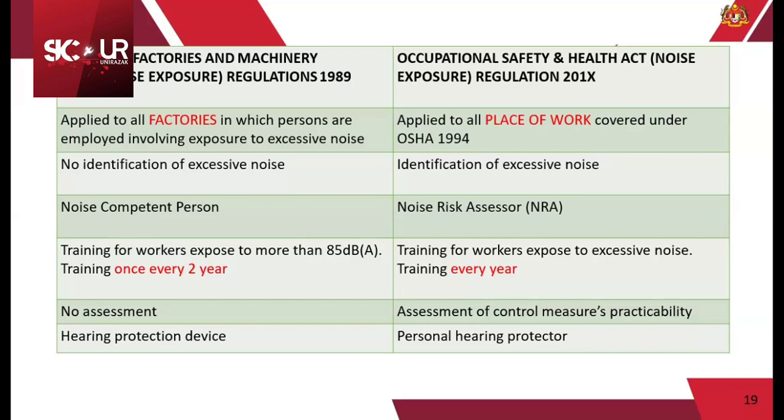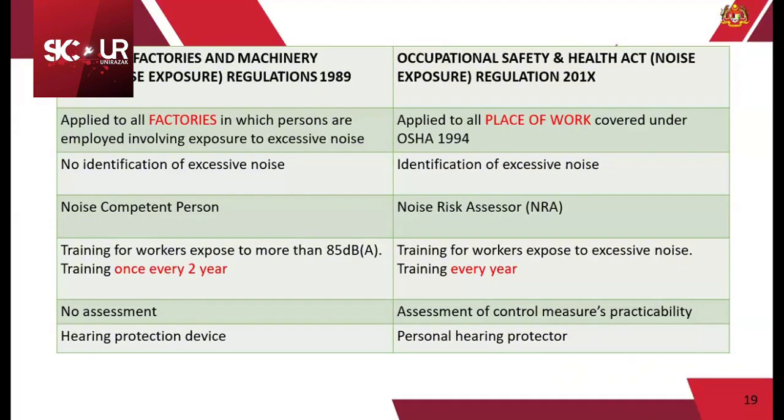Sama juga dalam FMA ada noise competent person. So dekat yang latest kita dah panggil sebagai NRA, noise risk assessor. Training of worker exposed the more than 85 decibel. Dulu 2 tahun sekali kena buat training.